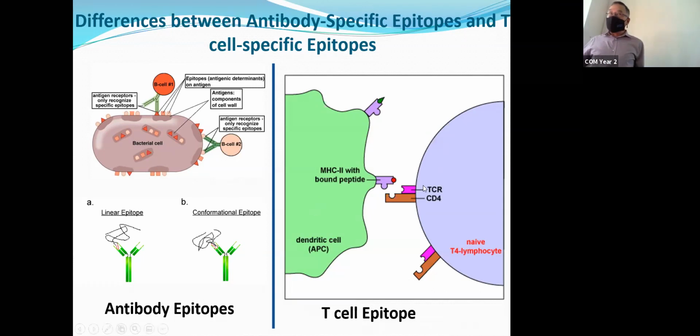T cells, however, recognize these small fragments, these epitopes, but the condition is that these epitopes need to be presented on surface structures called MHC molecules, which are expressed on specialized cells that take up the antigen, chop it up into individual epitopes, and present them on MHC molecules.